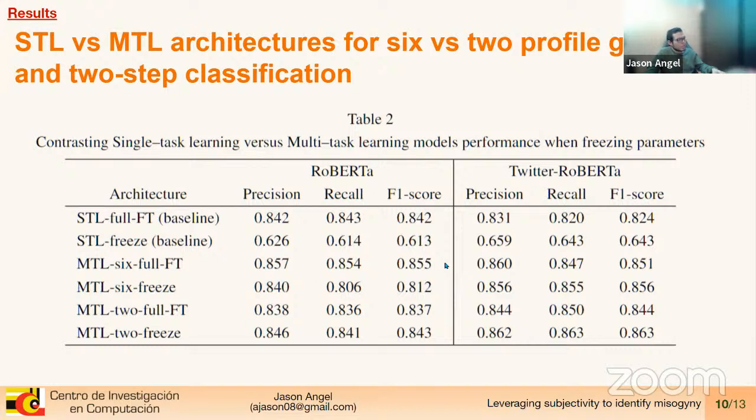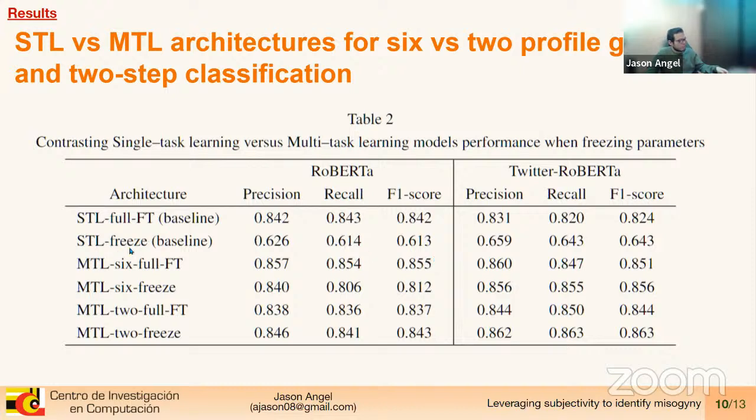But we noticed that it's very significant considering the method we use. So in the case of full fine tuning using single task learning, as usual, we are having this 84, and then consistently we are getting higher results on all the other scenarios in which we are leveraging the different annotators' perspectives.